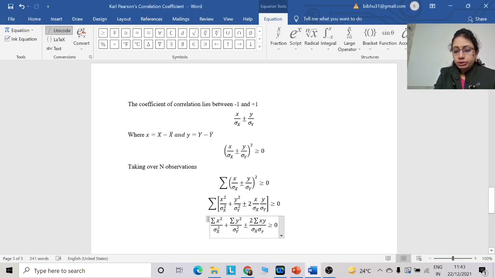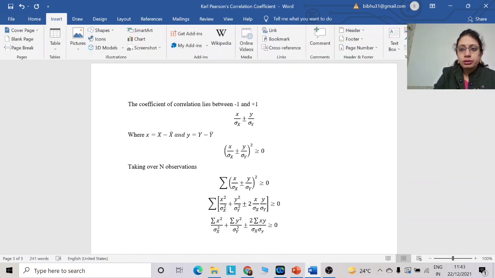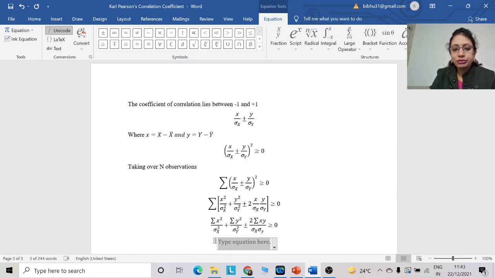Now here we know the value of standard deviation of x square. That means, what is the formula of standard deviation of x? The first formula, the whole root of summation small x square by n. So if it is standard deviation of x square, that means this root will be removed. So we can write that now. Let me write first.